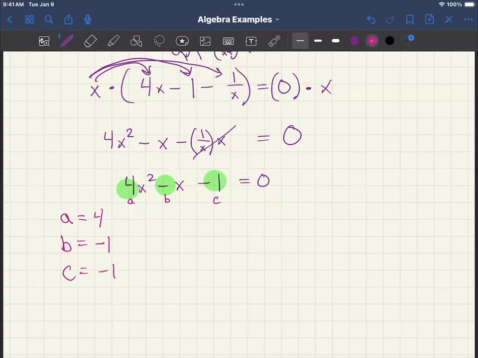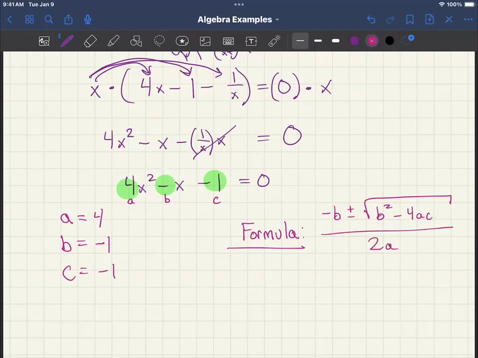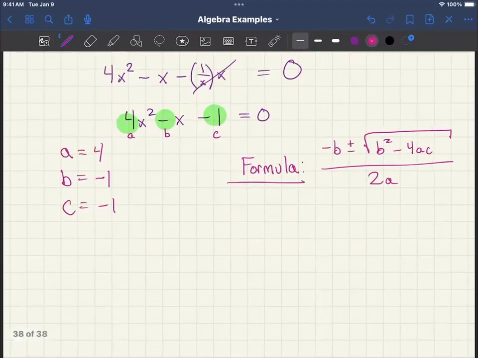Our formula, and you can go look up the song for this later if you want to, is -b plus or minus the square root of b squared minus 4ac, all over 2a. So here we've got plugging in our numbers.